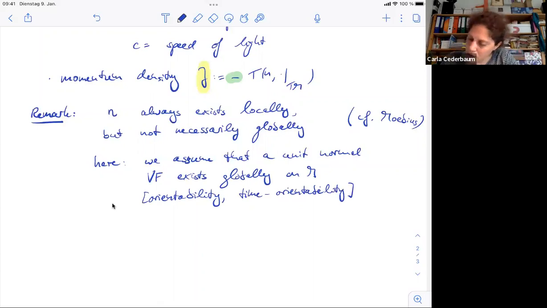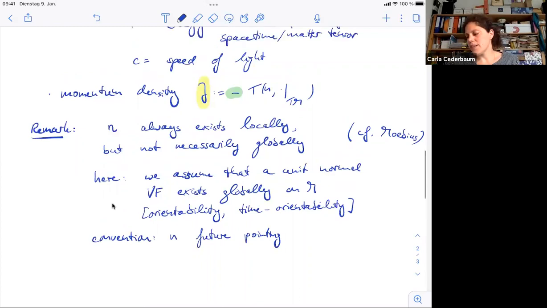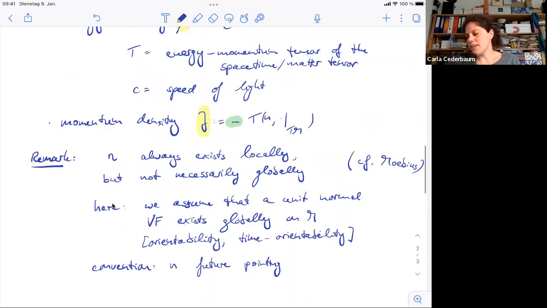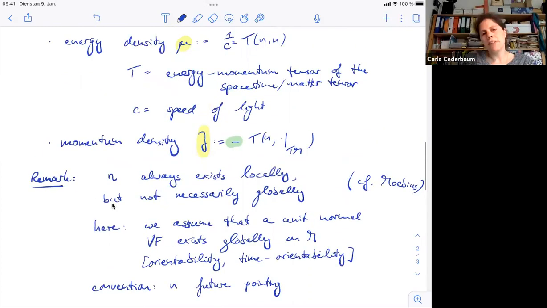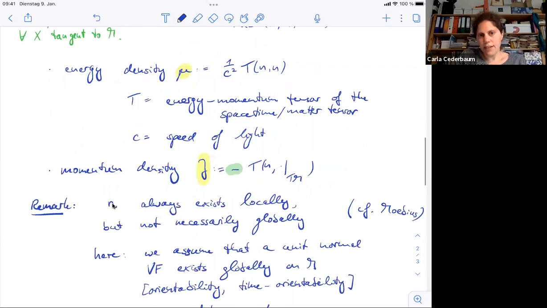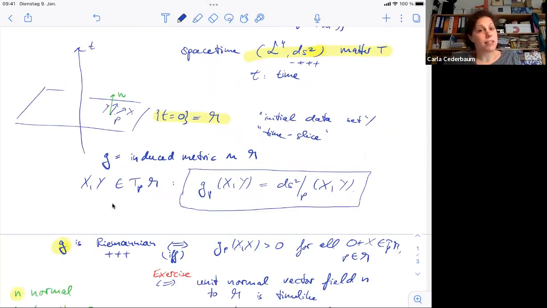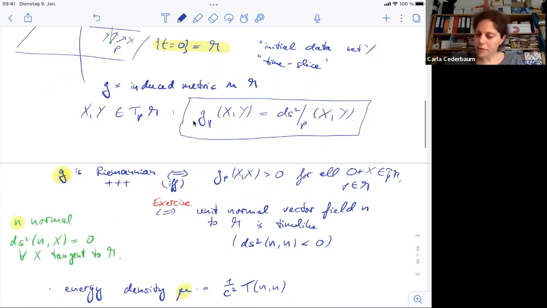Also we use the convention that N be future pointing. This is exactly what I already suggested in my sketch, and the green vector N is a future pointing unit normal to this initial data set. Okay. So then what is really this K that I was talking about?